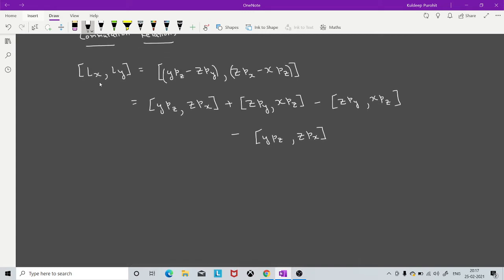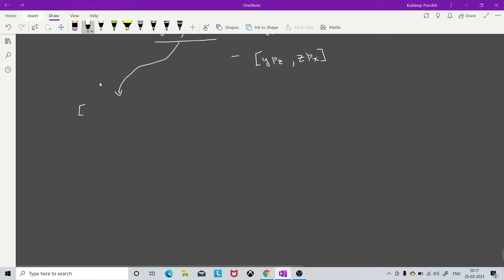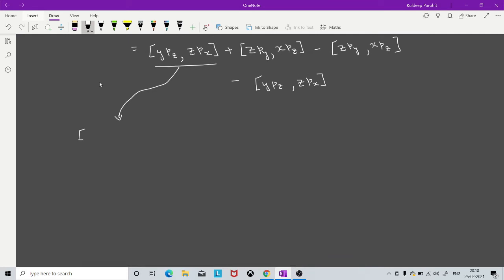Let me first solve the first term of the RHS, which is y pz, z px. Keeping the structure as a commutator of products, I expand it as z times the commutator of y pz with px, plus y pz, z into px.